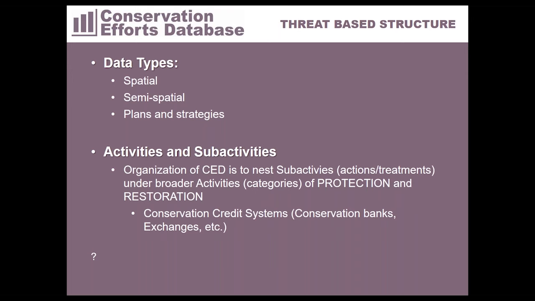Now, we are working with our partners to develop a new reporting unit that we will call a sagebrush reporting unit. And we'll go into more depth on the development of those later in this talk. But this is, again, another unit to help us identify where the actions are taking place relative to the impacts driving habitat loss and degradation.